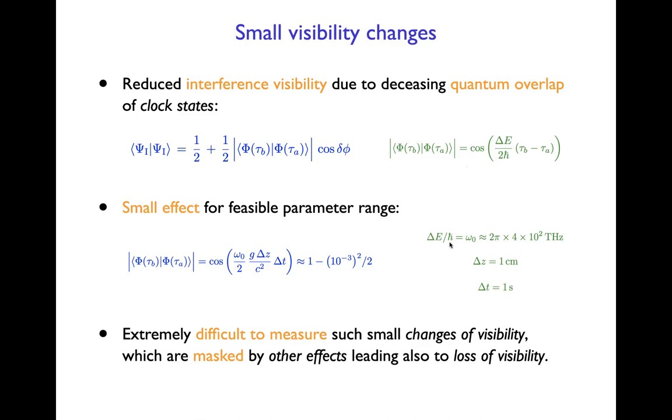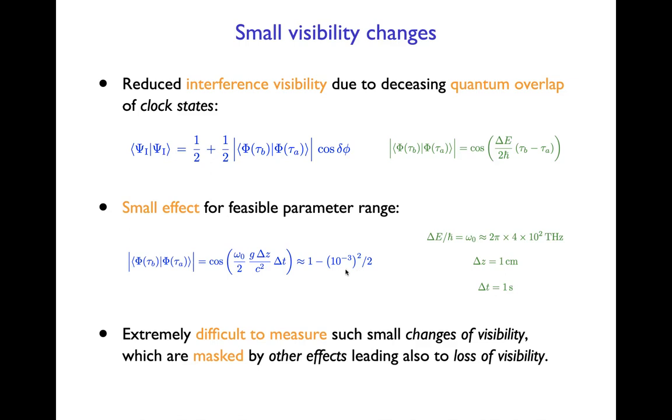So if you introduce energy differences that correspond to optical transitions, of the order of 400 terahertz or so, and you consider arm separations of the order of 1 centimeter, for example, and you keep this separation for times of the order of a second, the change in visibility is of this order. So you see that it's really less than a millionth.